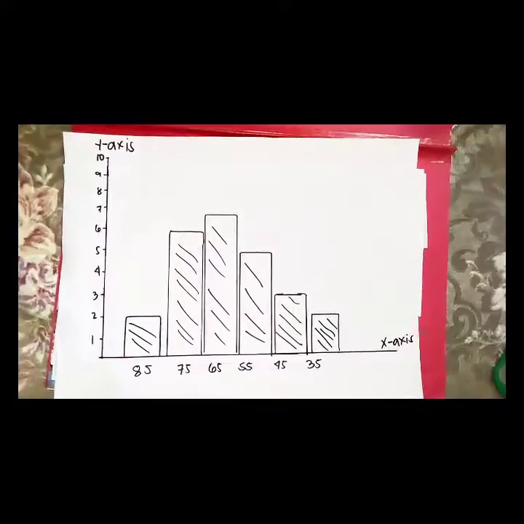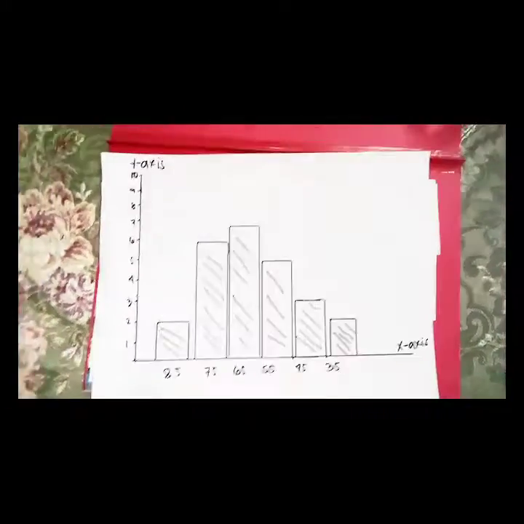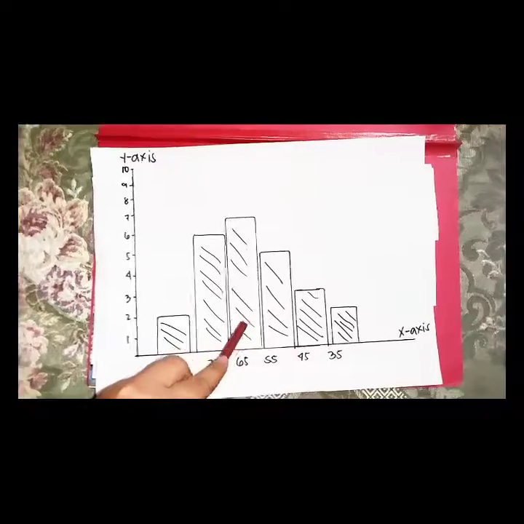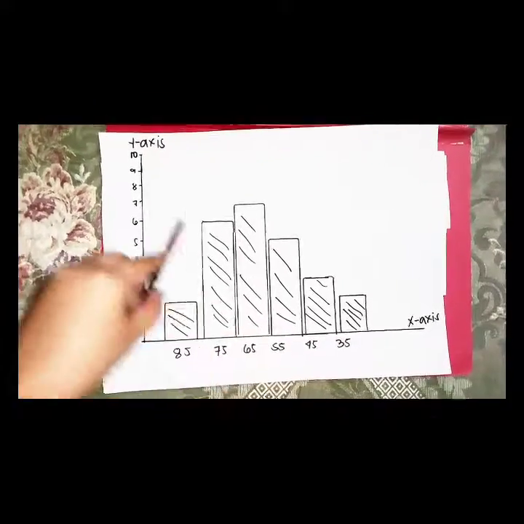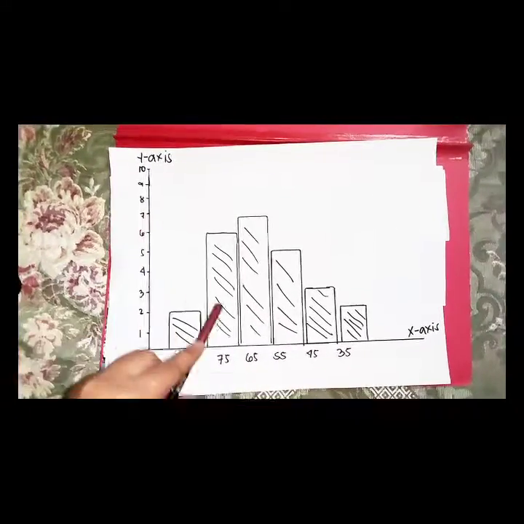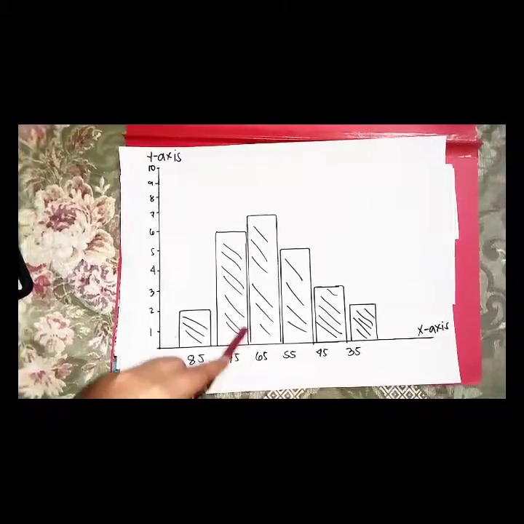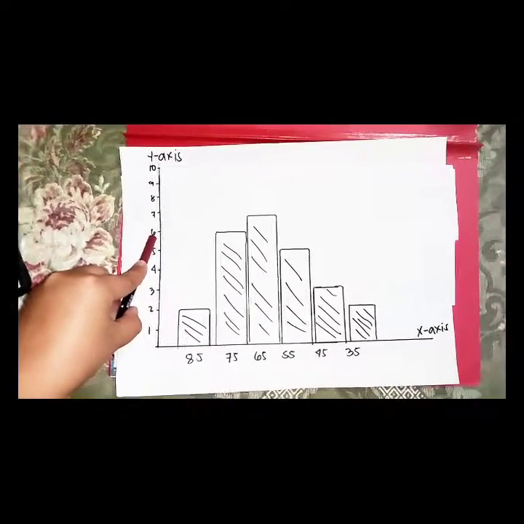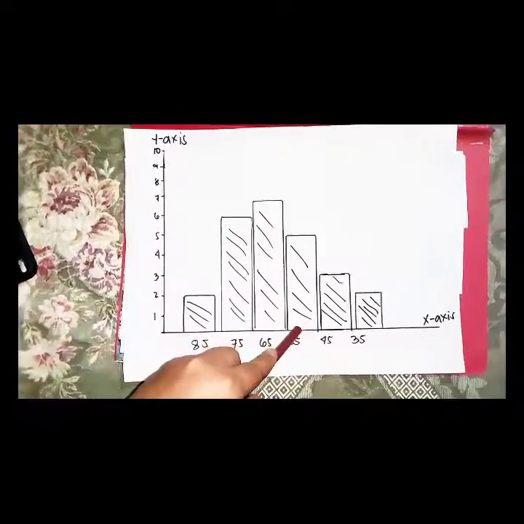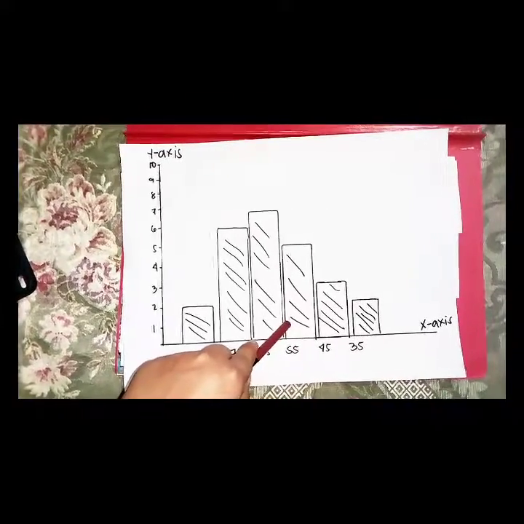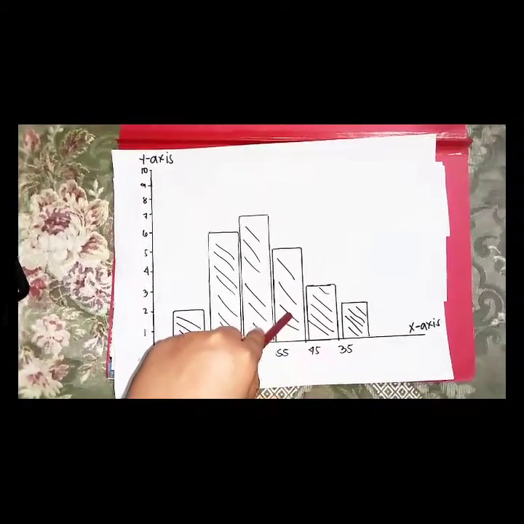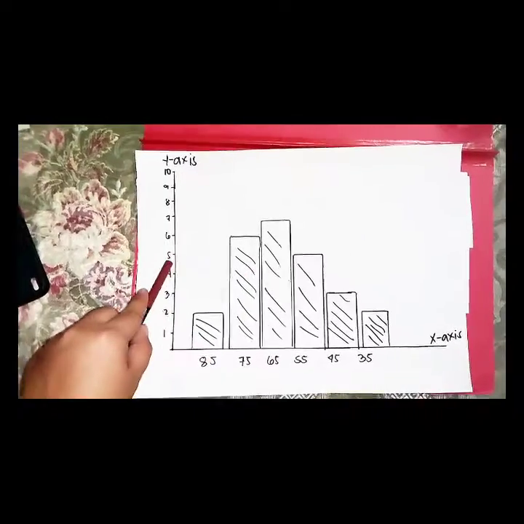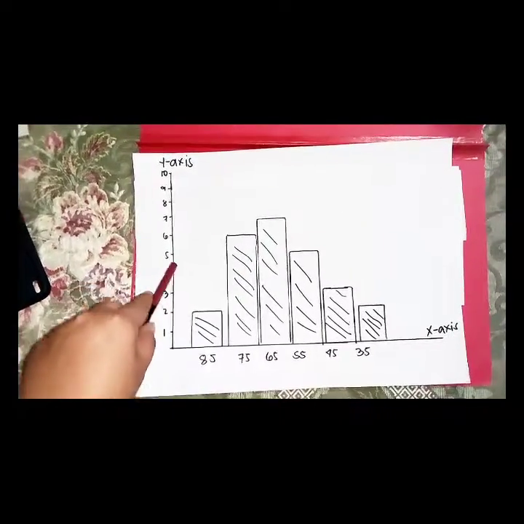So as you can see, our highest midpoint is 65, with a frequency of 7. Our second highest midpoint is 75, with a frequency of 6, and the third highest bar has 55, which has a frequency of 5.